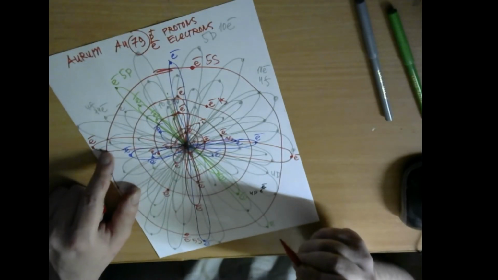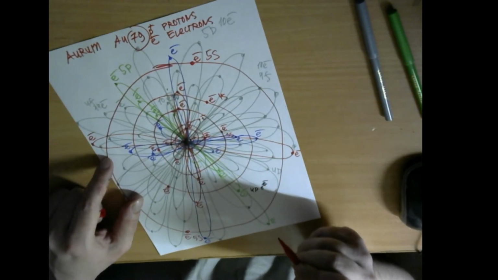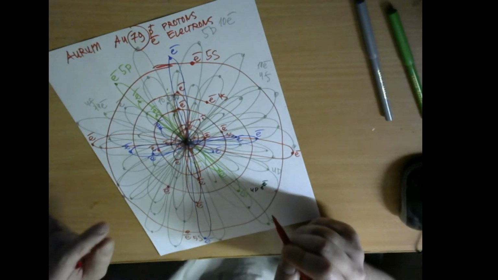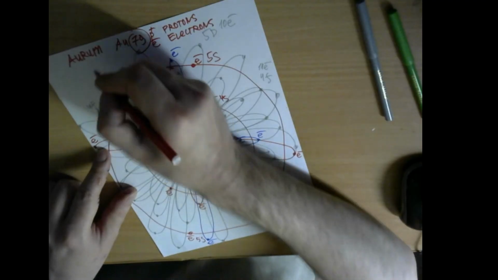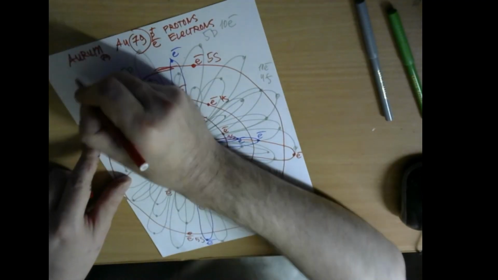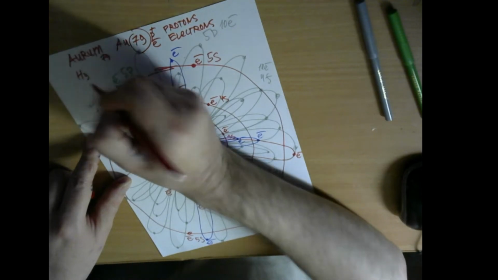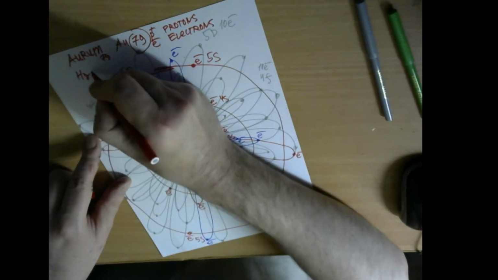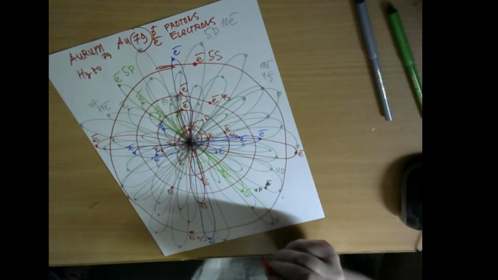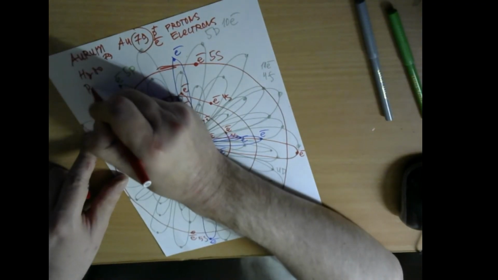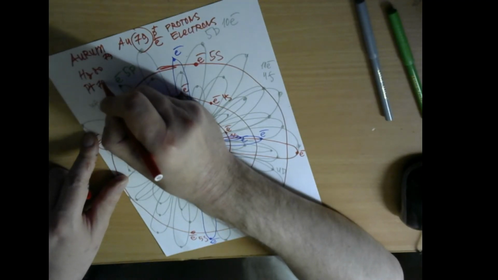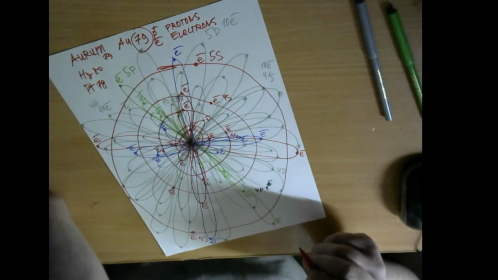And you might ask yourself a question. You know that aurum is 79, right? And hydrargyrum, which is mercury, would be 80. And for example, before aurum, platinum, Pt, would be 78 protons and electrons.